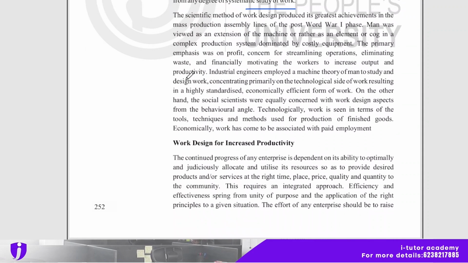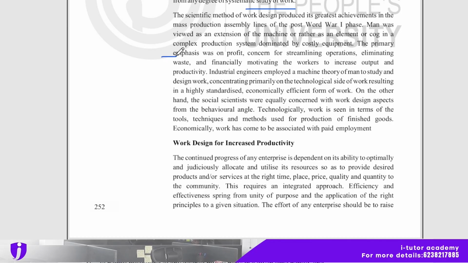And the scientific method of work design produced its greatest achievements in the mass production assembly lines of the post World War I phase, and man was viewed as an extension of the machine, or rather as an element or cog in a complex production system dominated by costly equipment.